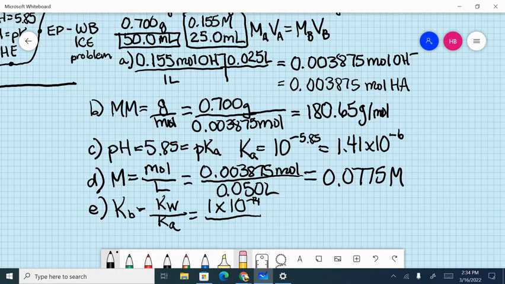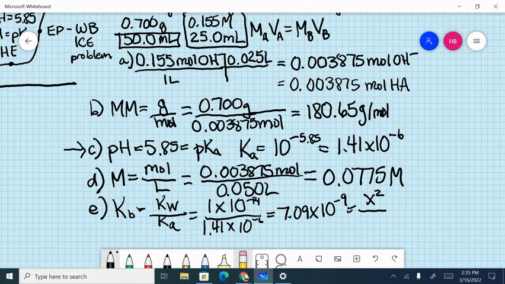Ka is what we calculated in C, 1.41 times 10 to the minus 6. So Kb is going to be 7.09 times 10 to the minus 9. Remember, that is x squared over the concentration at the equivalence point.